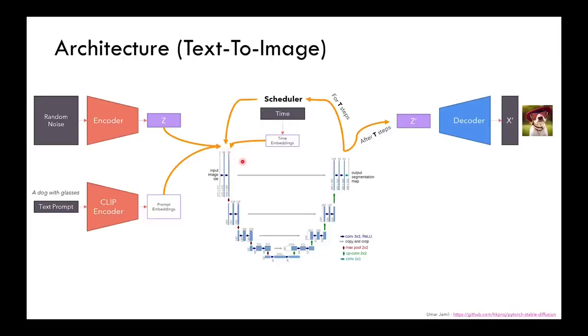Because let's review here. As you can see, the last layer of the unit, we need to go back to the same number of features. The dimensions here don't match what we will be using. This is the original unit, but the one used by Stable Diffusion is a modified unit.